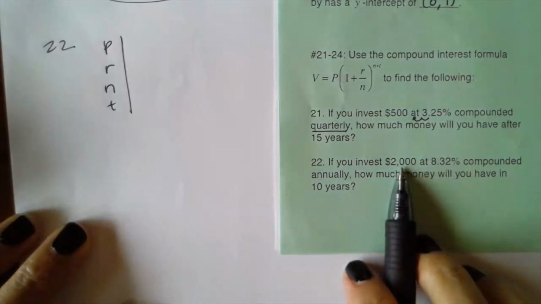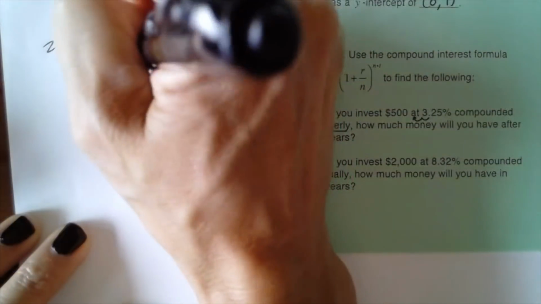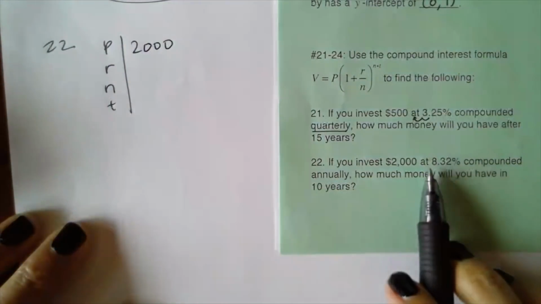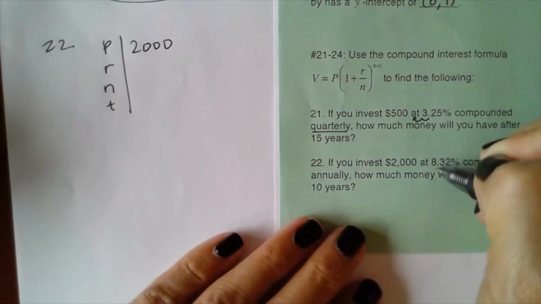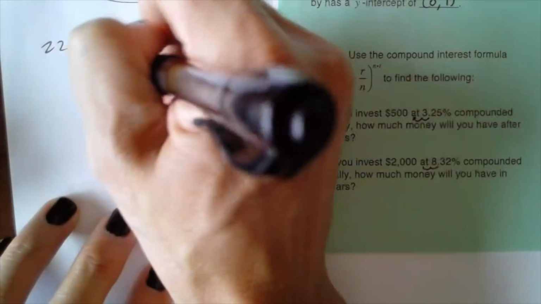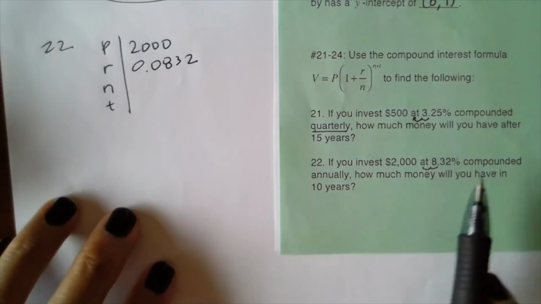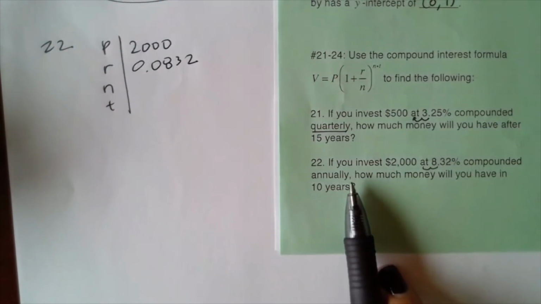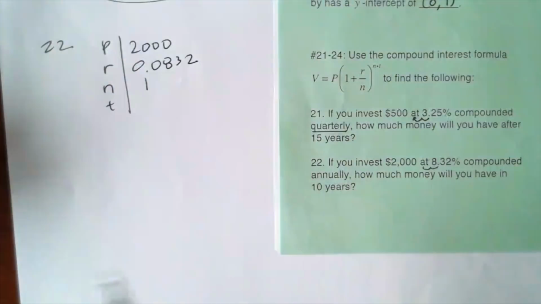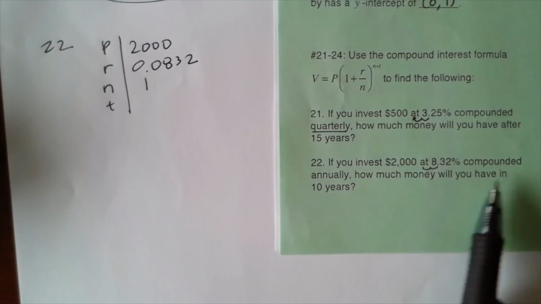So $2,000 is going to be our principal. It says 8.32%, so we'll move the decimal 2 to the left. It says compounded annually, so annually means that n is 1. And then how much money will you have in 10 years?